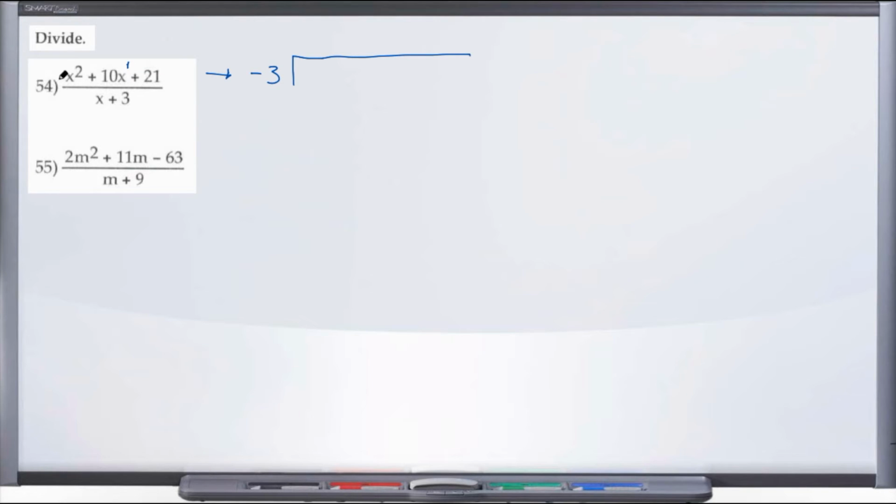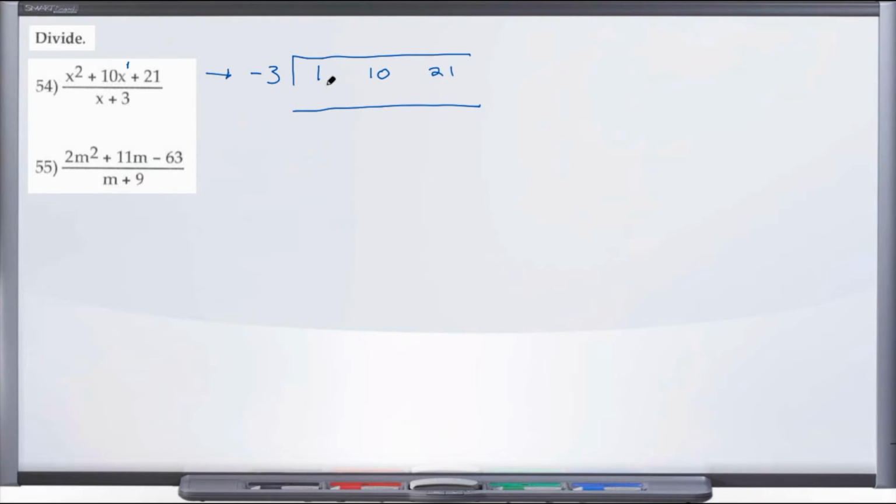What is the coefficient of the x squared? Well, it's a 1. And what is the coefficient of our single x? Well, it's 10. And what is our constant? Well, it's 21. And now we're going to go ahead and draw a line and leave some space here because we're going to be writing some numbers in here in just a second.